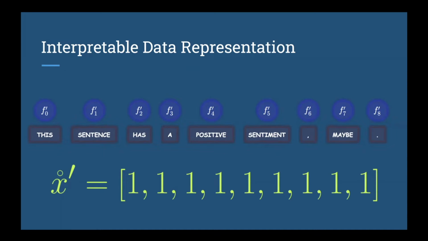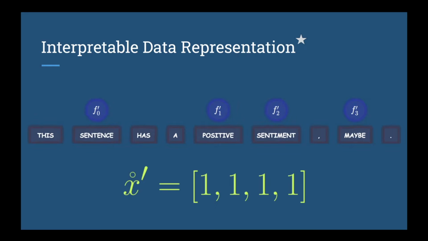Here we assign one interpretable feature, f prime, to each token in our sentence, and we indicate all of this in our interpretable data representation as a binary vector. 1 in the interpretable binary representation means that this particular token, or word in this case, is present, and 0 means absent. We can be a bit more creative with our interpretable data representations. Here, for example, we skip some stop words and punctuation in order to make the interpretable data representation more succinct.